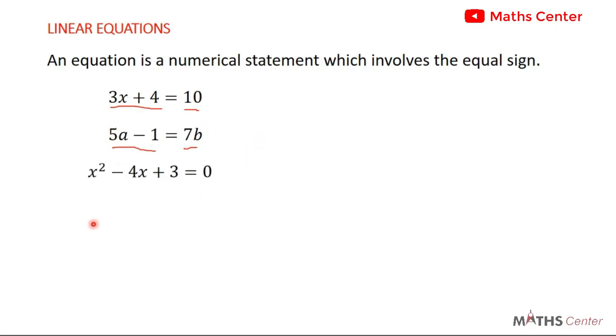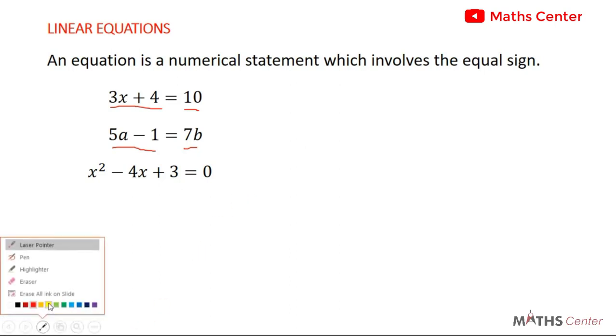In the same way, x squared minus 4x plus 3 is equal to 0 is also an equation because we have x squared minus 4x plus 3 being linked to 0 by this equal to sign here. So this is called an equation.